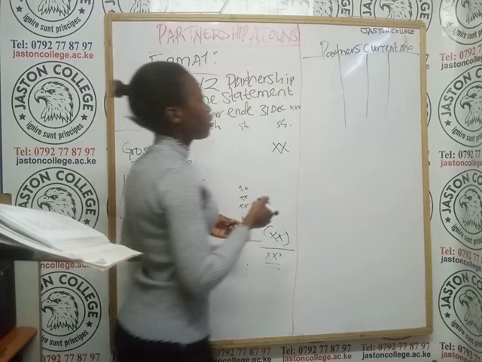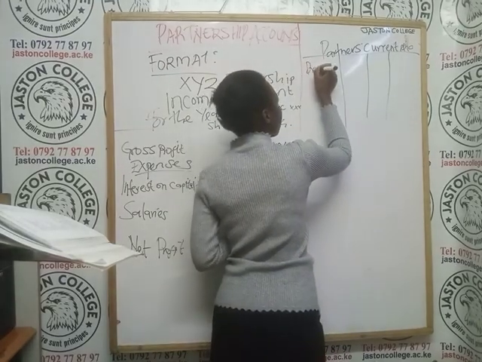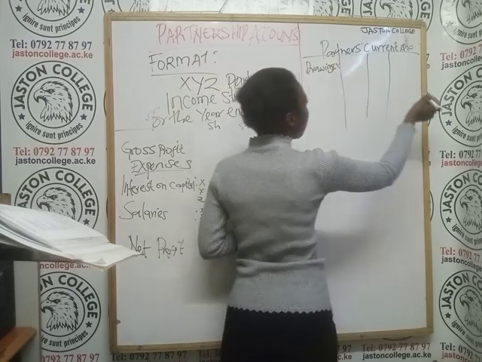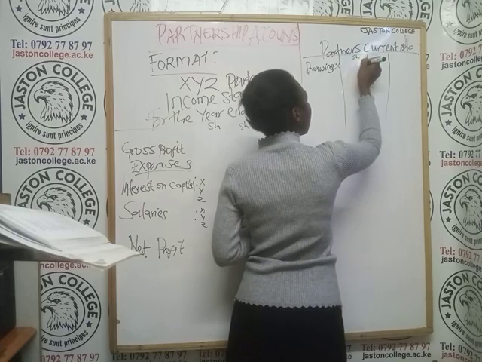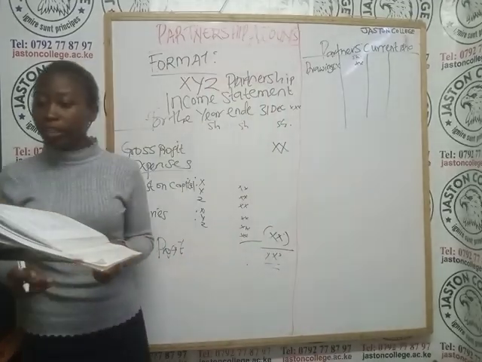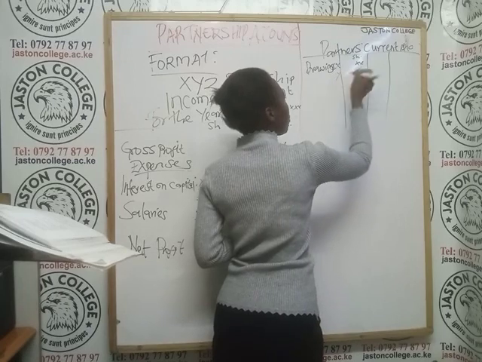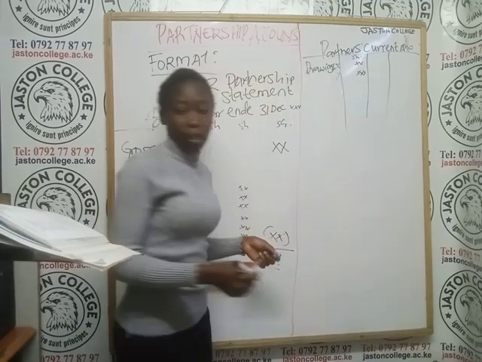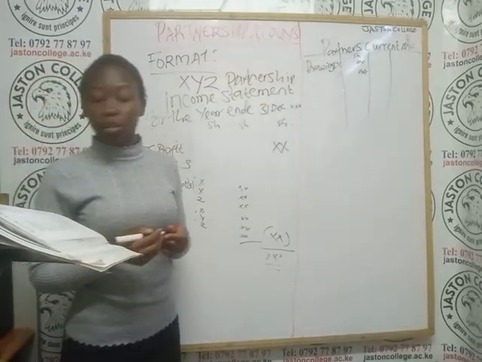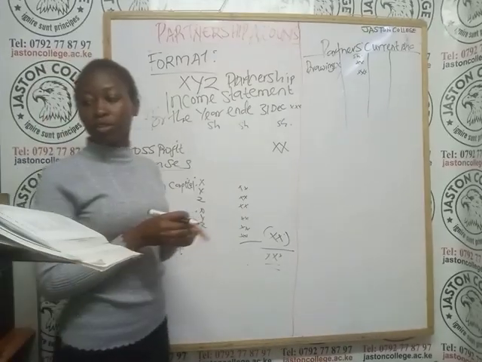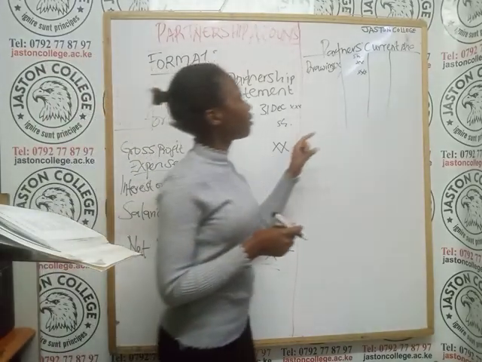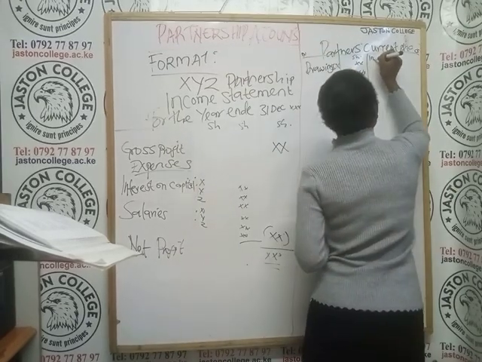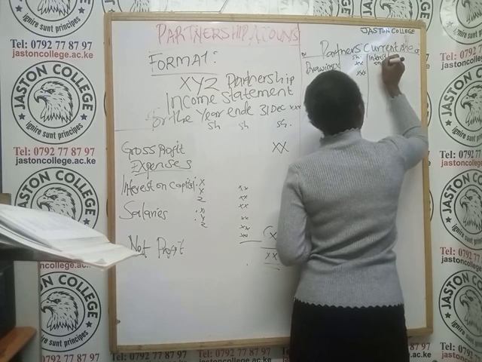Then we will have our drawings. Let's say the drawings for X was X shillings there. Then the drawings for Y, we also have the drawings for Y. And we will also have the interest on capital on the other side, on our credit side.